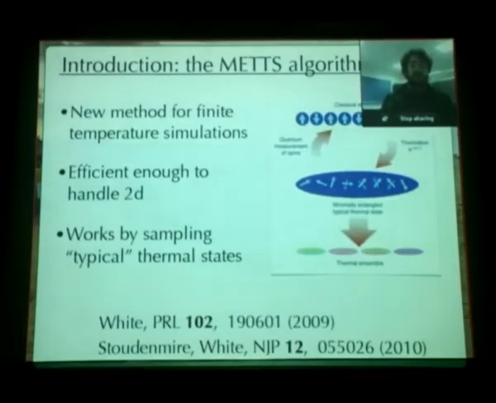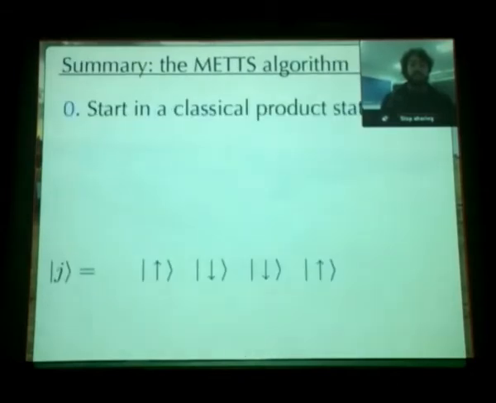This method is described in detail in these two articles below, and these slides will be posted, so you can take down these citations later. Before I go into detail about the algorithm, I thought it would be helpful to show you the basic steps of the algorithm. If anything seems confusing in the next few slides, please just wait, and I'll go through all this again in more detail. But basically, just to give you a start, and here we're using spin, but it works for other kinds of models.